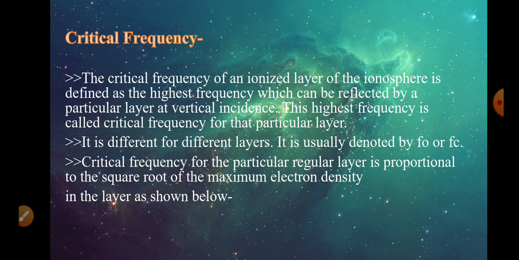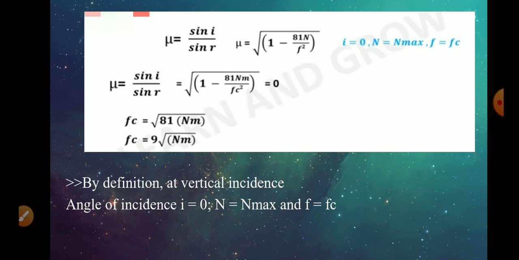Now the critical frequency is directly proportional to the square root of the maximum electron density, in the way that we have mu equals sin i by sin r. As the condition for critical frequency is i equals 0 and n should be maximum, if the electron density is maximum, then f will become the critical frequency.